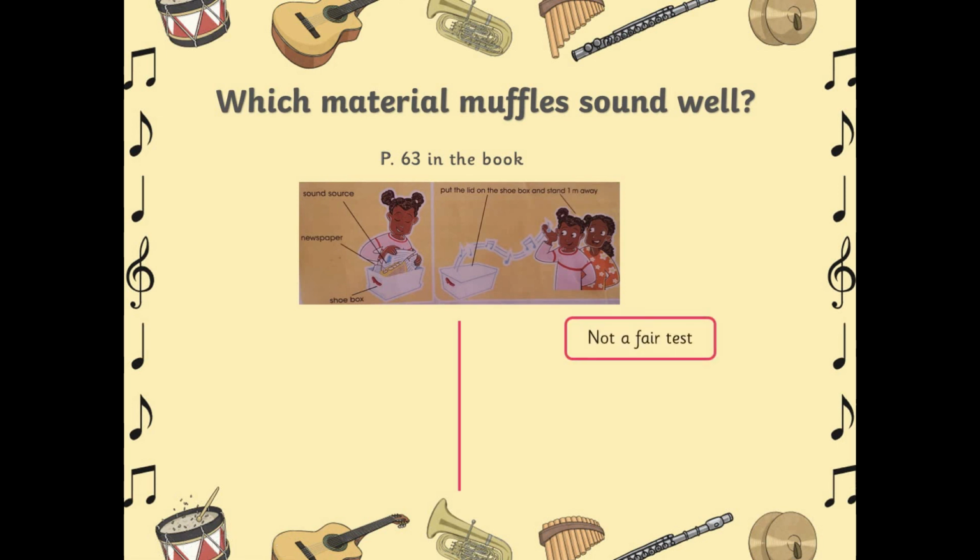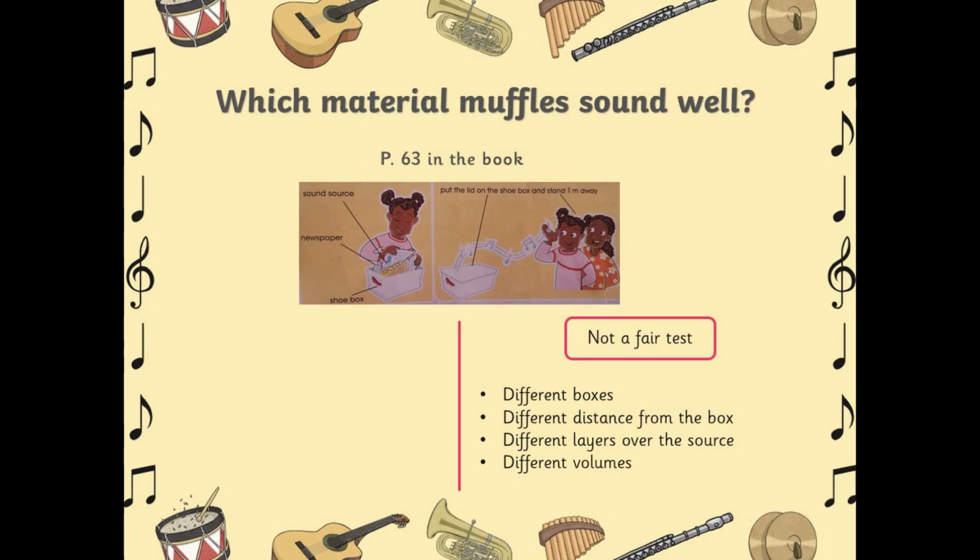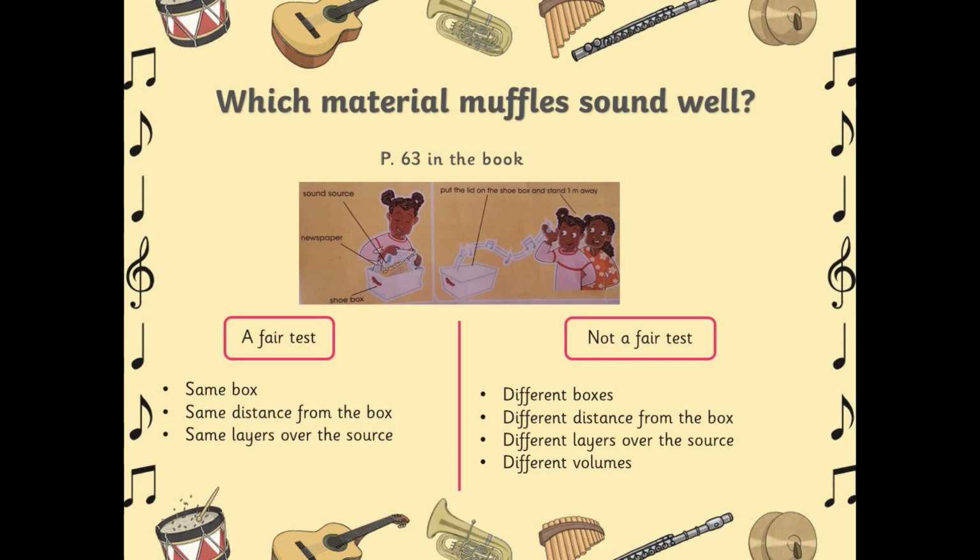This experiment will not be a fair test if we use different boxes, different distances from the box, different layers over the source, and different volumes. But it will be a fair test if we use the same box, same distance from the box, same layers over the source, and also the same volume for all the materials.